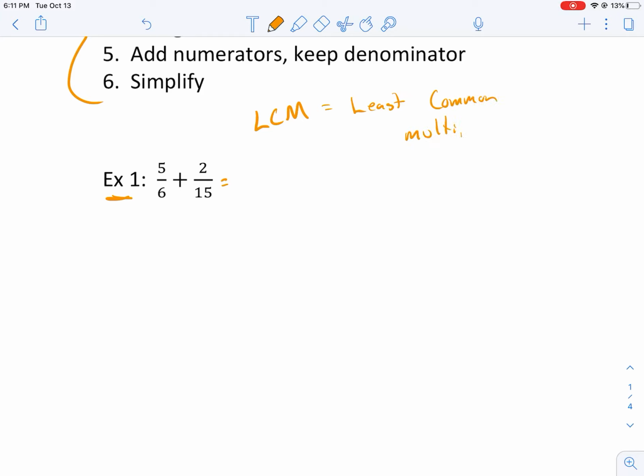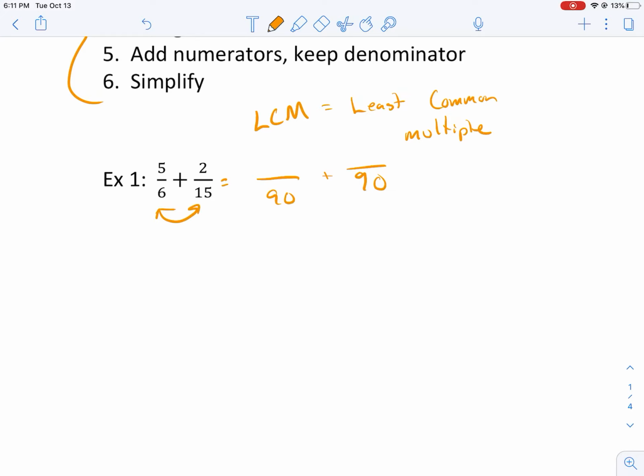In this case, we could multiply the 6 and the 15. That would give us 90, and we could use 90 for a denominator. That always works, guys. When in doubt, just multiply the two things on the bottom, and that will always give you a common denominator.